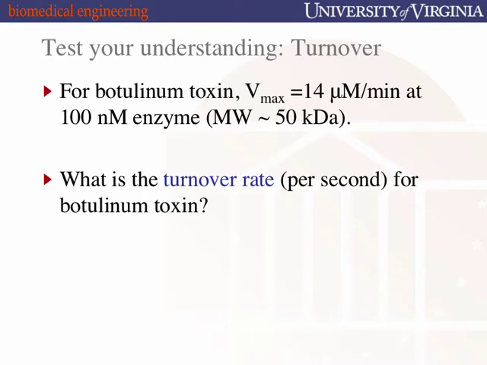All right, let's work through it. So remember that, again, the turnover is kcat. It's the maximum number of conversions of substrate to product, which is what our Vmax is telling us.